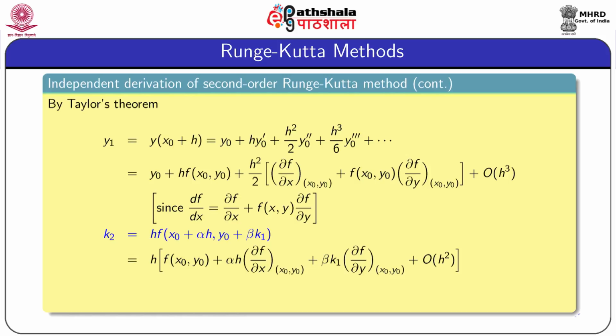Now k2 equal to h into f of x0 plus alpha h comma y0 plus beta k1. By Taylor's theorem for two variables, we get h into f of x0, y0 plus alpha h into the partial derivative of f with respect to x at the point x0, y0, plus beta into k1 into the first partial derivative of f with respect to y at x0, y0, plus order of h square.